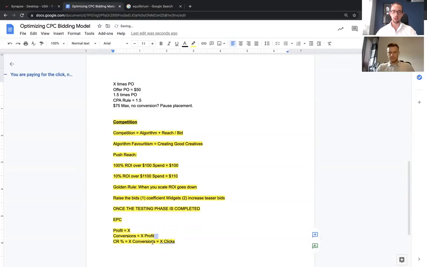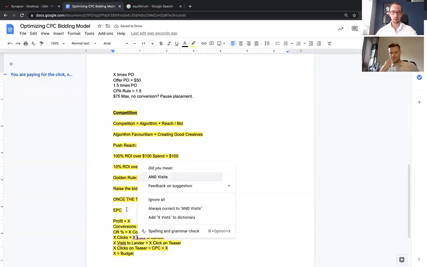To get X clicks on the offer, we would need X visits to lander. To get X visits to lander, we would need X clicks on teaser. To get X clicks on teaser, we would need CPC is X, and then X is budget.